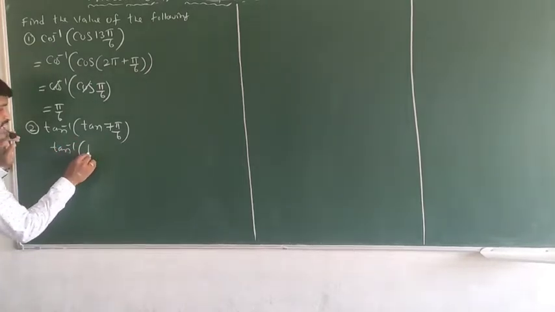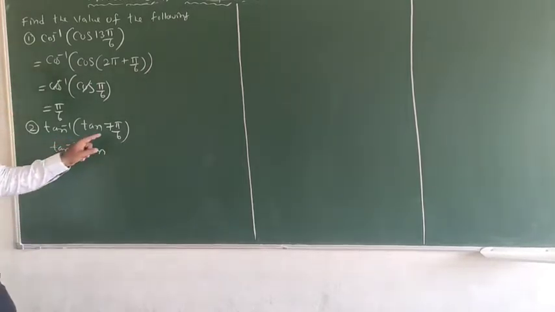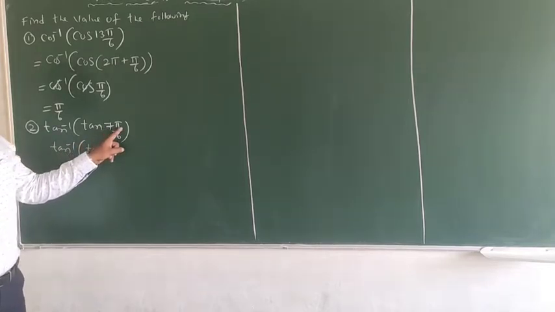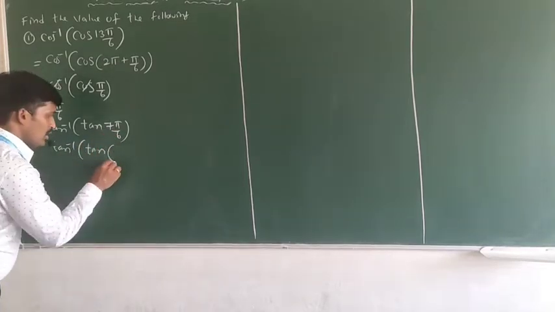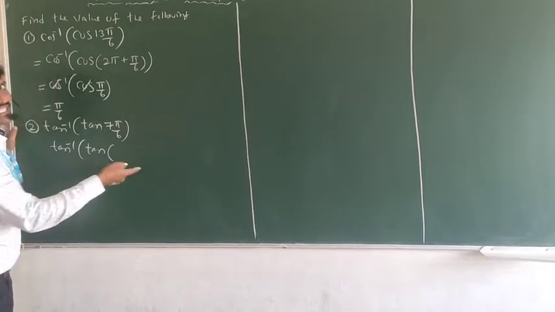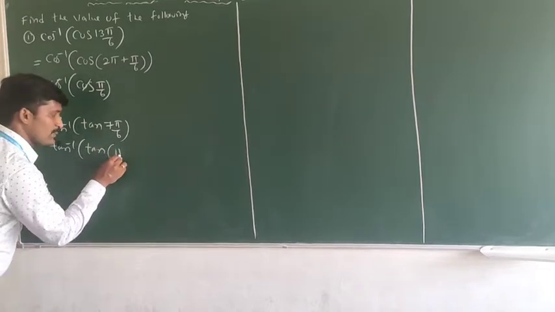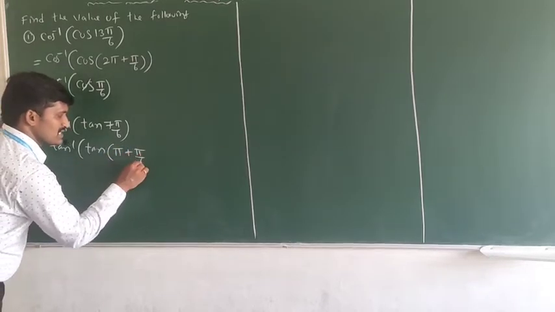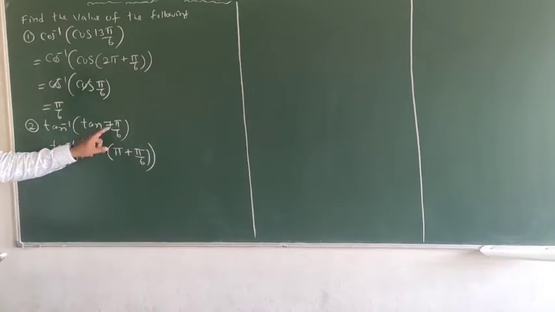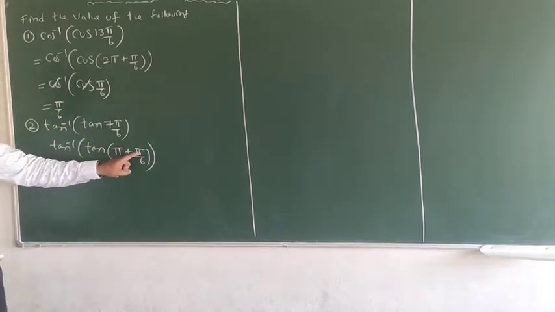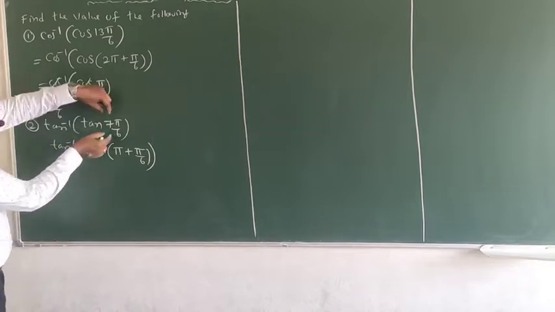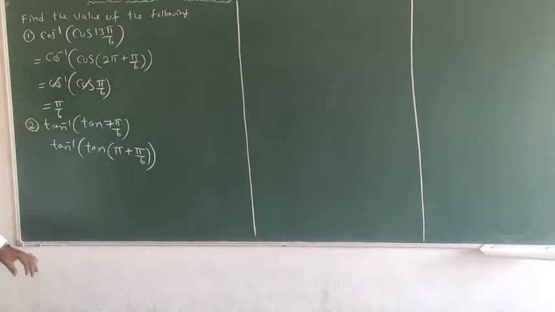How to simplify? Tan of 7 pi by 6 means it is in the third quadrant, 210 degrees. 210 you can write as 180 plus 30. 180 means pi, 30 means pi by 6. Simplify again, we need to get the same angle. 6 pi plus pi, 7 pi by 6. We are splitting this angle into this form.